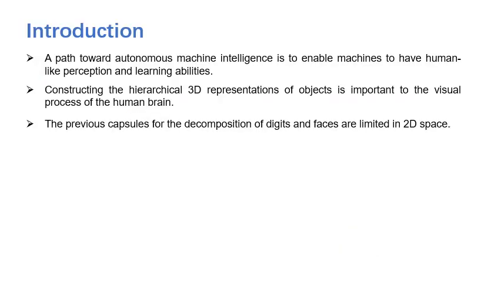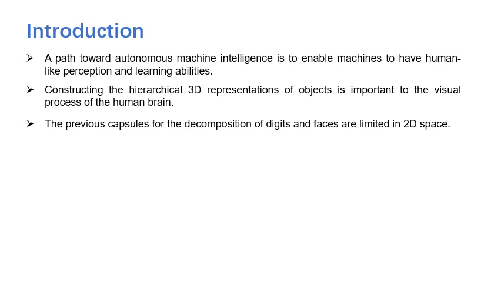Now we will give more detailed illustrations about our work. First, the motivation. It is commonly recognized that a path toward autonomous machine intelligence is to enable machines to have human-like perception and learning abilities.